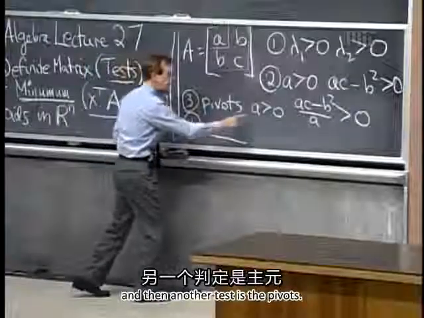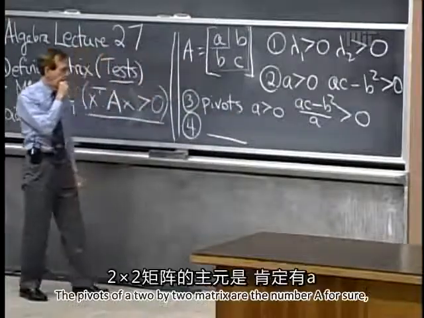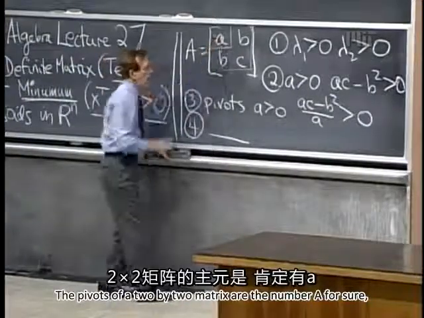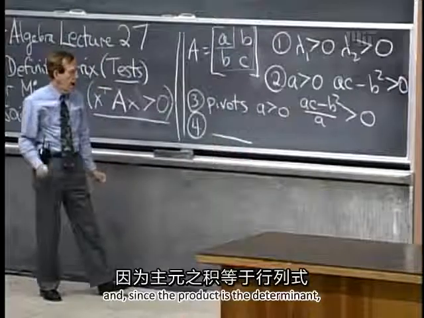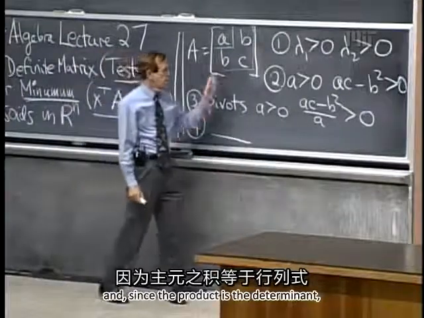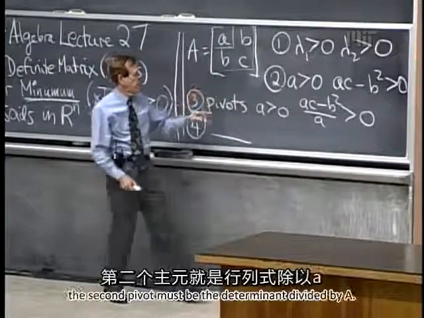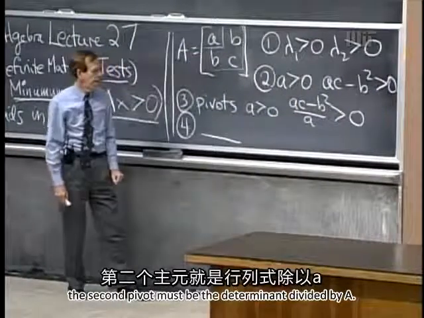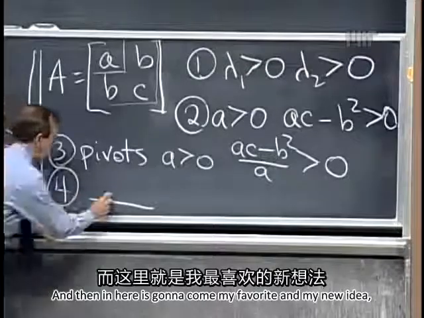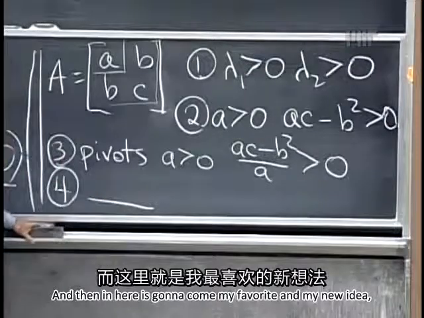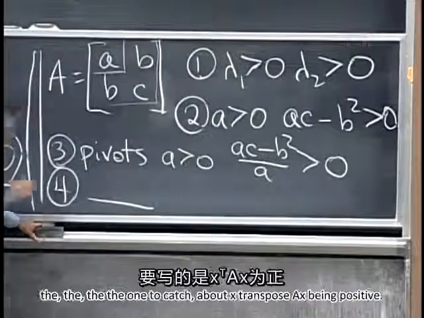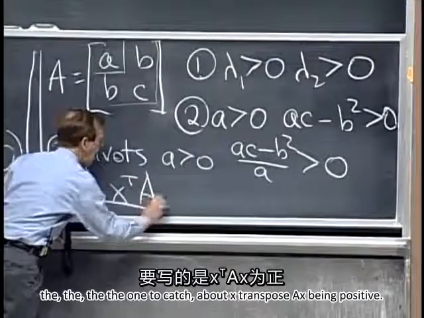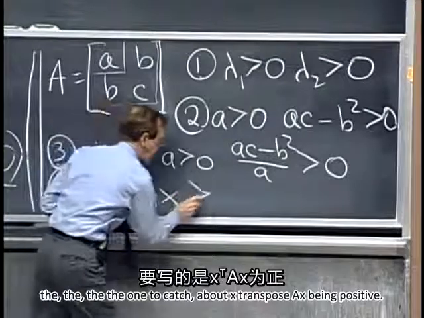And then another test is the pivots. The pivots of a 2 by 2 matrix are that number A, for sure, and since the product is the determinant, the second pivot must be the determinant divided by A. And then in here is going to come my favorite and my new idea, the one to catch, x transpose Ax being positive.